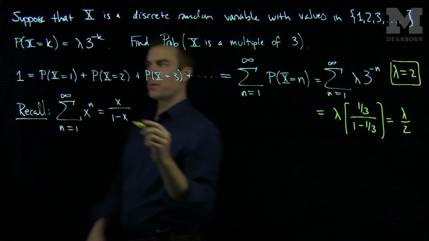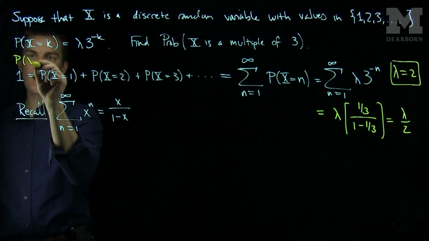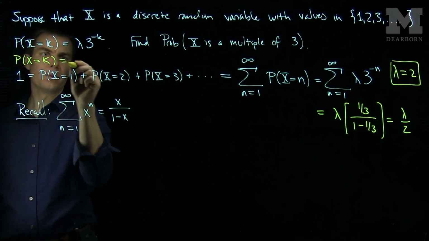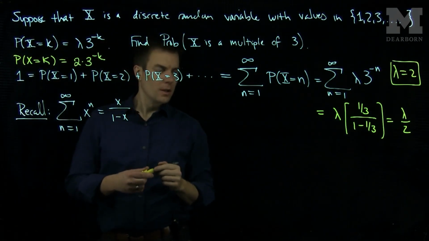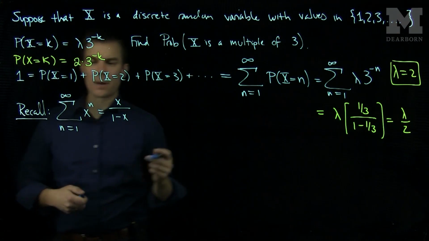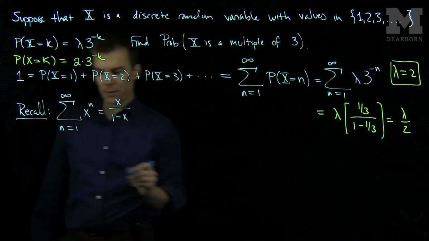And now we can update our probability distribution. The probability that x is equal to k will be 2 times 3 to the negative k. So now we can return to our problem. Our problem asks to find the probability that x is a multiple of 3.